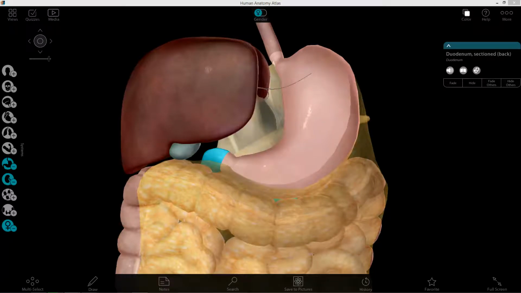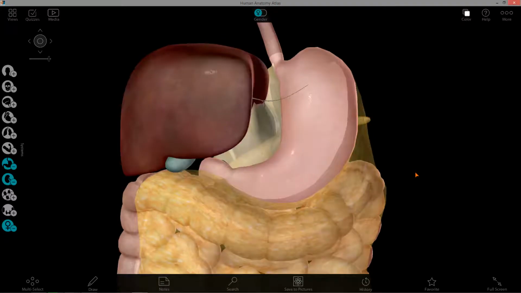Now, one of the reasons the lesser omentum is important is it helps define the anterior boundary of something known as the lesser sac. Now, the lesser sac is kind of hard to wrap your head around because it's not something I can just click on and highlight and show you, because it's a space or an area, a cul-de-sac cavity, and it has an opening that leads to the rest of the greater cavity.